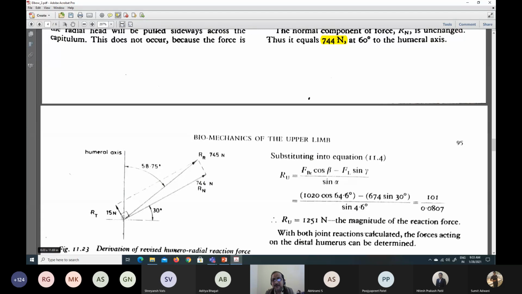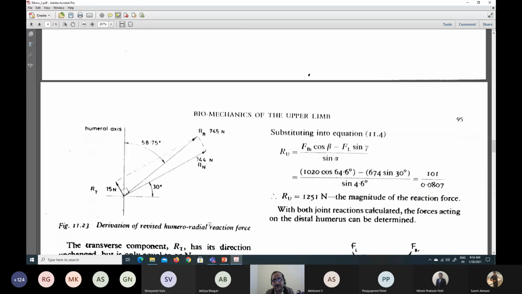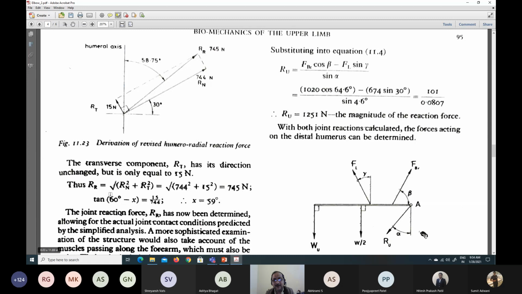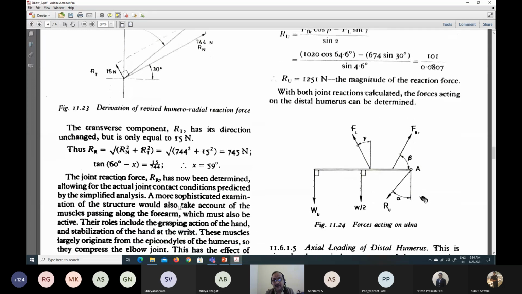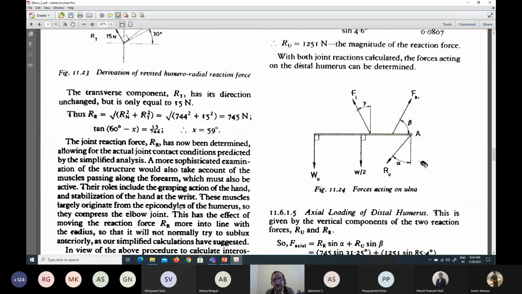Based on these two revised force components, we can calculate RR as 745 acting at an angle of 58.75. That can be easily calculated. Once we have these two components, Rn and Rt, the rest can be easily calculated. So the new joint reaction force, considering the ligaments, has now been determined.